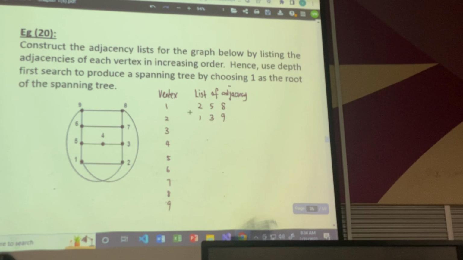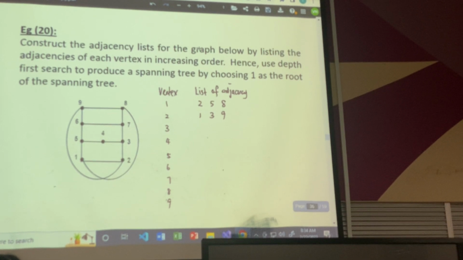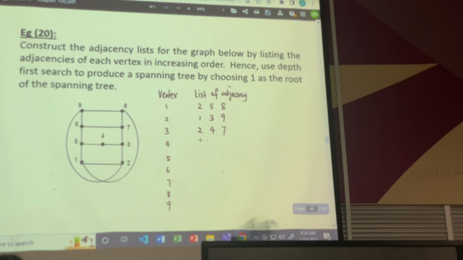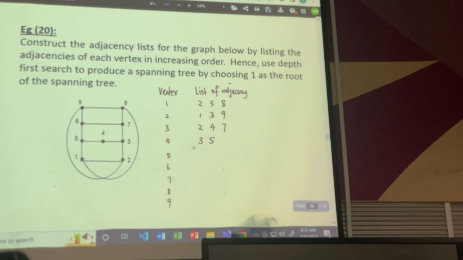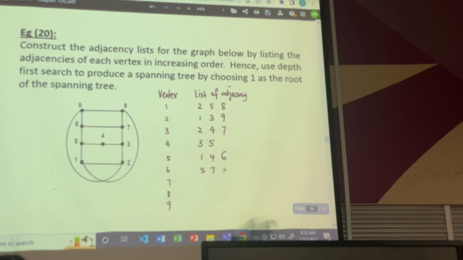Connected to which one? 2, 4, 7, right? So you have 2, 4, 7. Then 4: 3, 5. 5: 1, 4, 6. 6: 5, 7, 9. 7: 3, 6, 8. 8: 1, 7, 9.